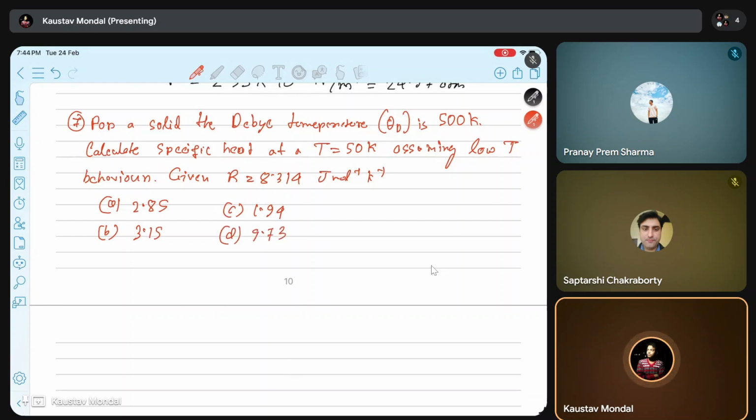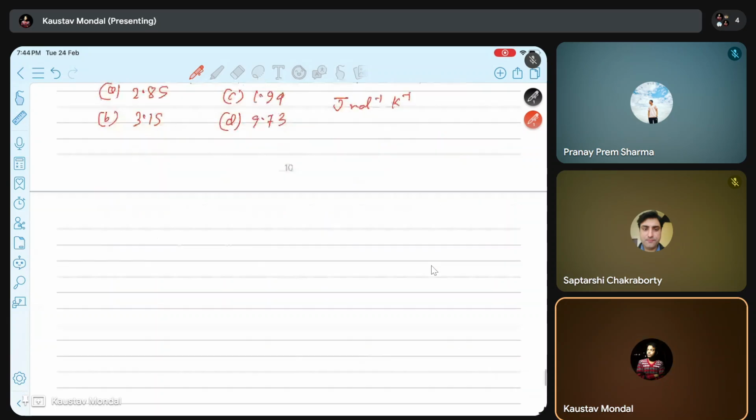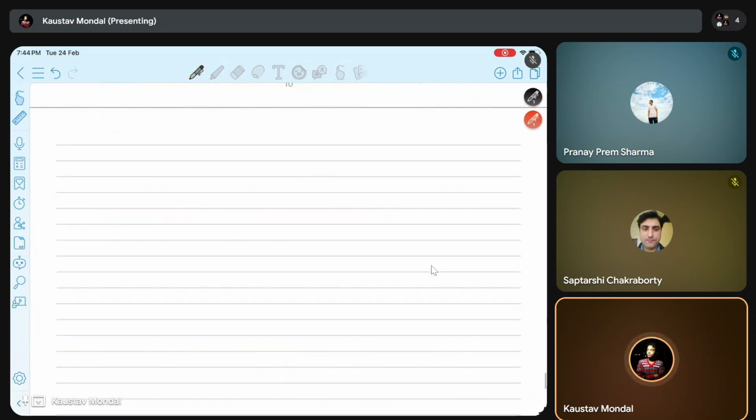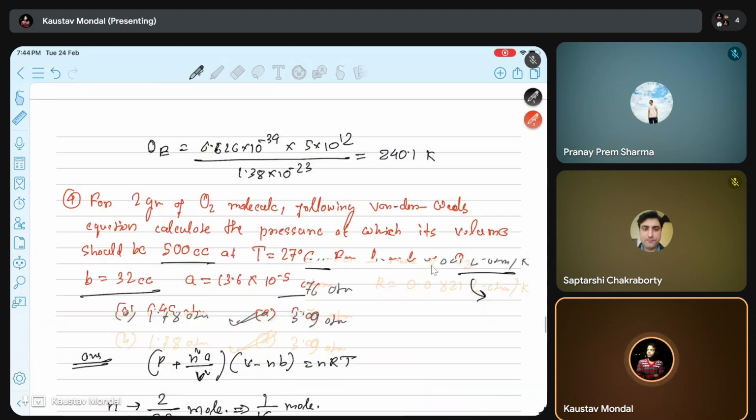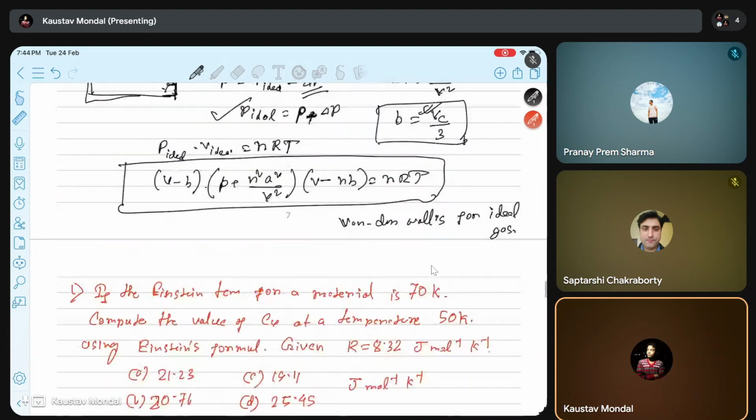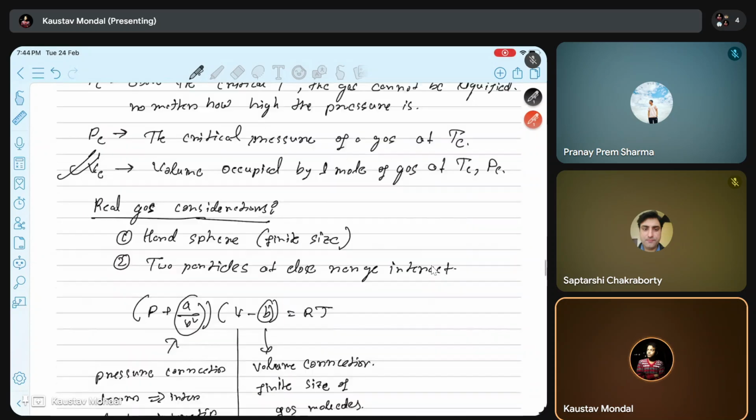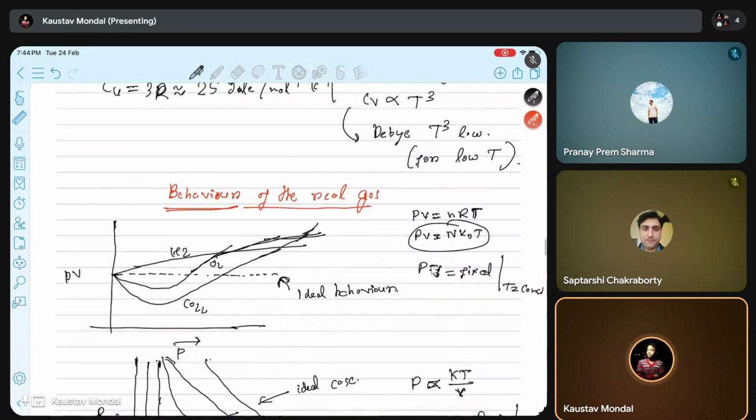The units are Joule per mole per Kelvin. To answer the question, we have to use the Debye law for low temperature, which we have already defined. It is related to T to the power cube, the T cube law.